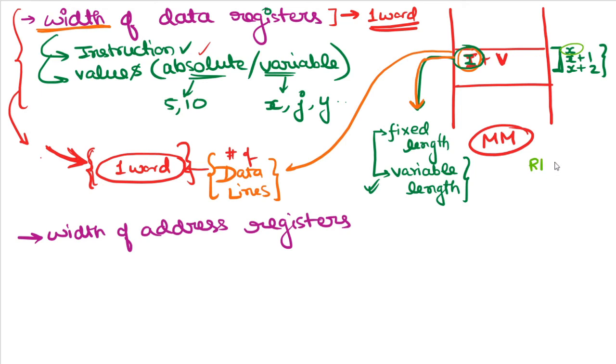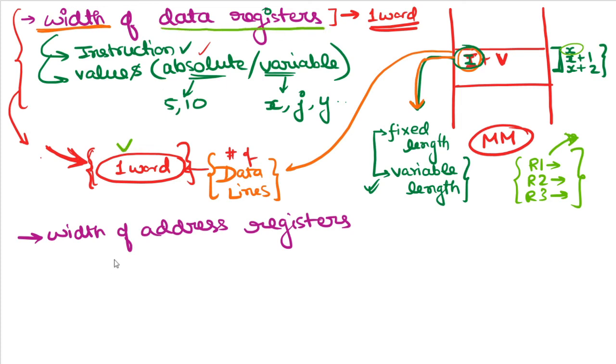One chunk can be stored in R1, the second in R2, the third in R3, and combined we consider the information stored in R1, R2, R3 as one instruction. So the width of data register is one word.